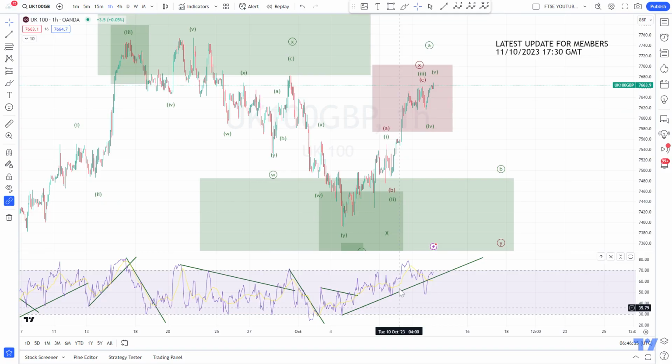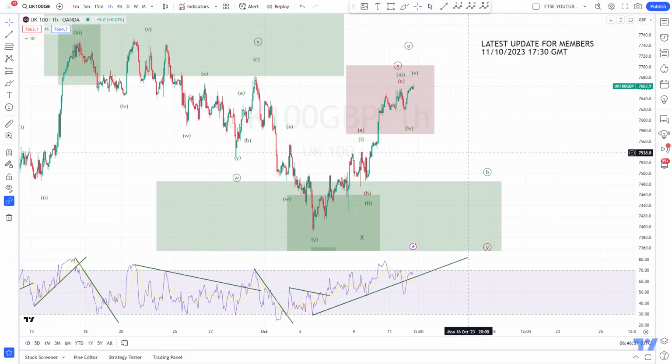And then here in the 1 hour, we have the classic impulse pattern, I would say. It looks like this: wave 1, wave 2, then here we have our wave 3, with this being wave 3 of 3, the strongest one.